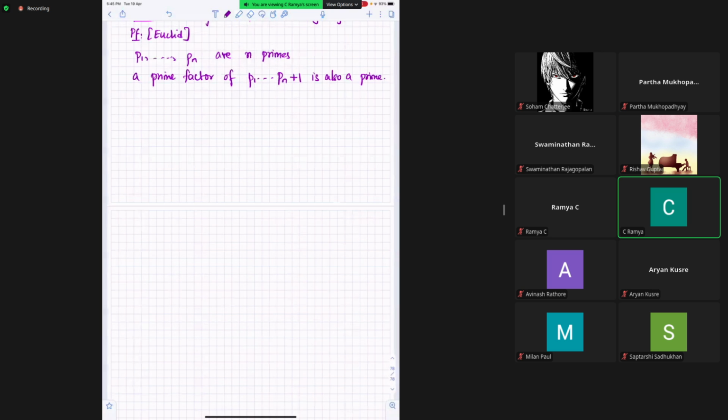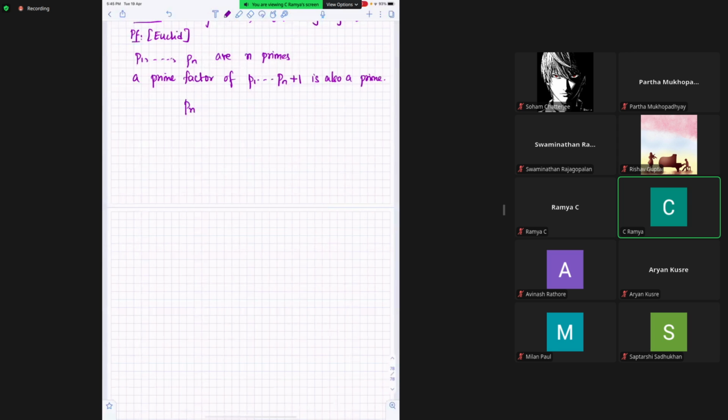So from this, what can you say about the n plus 1th prime number? How large can it be? It must be smaller than this. Maybe in some cases it's much smaller, but it will be at most this, because this is one of the primes that come after that.